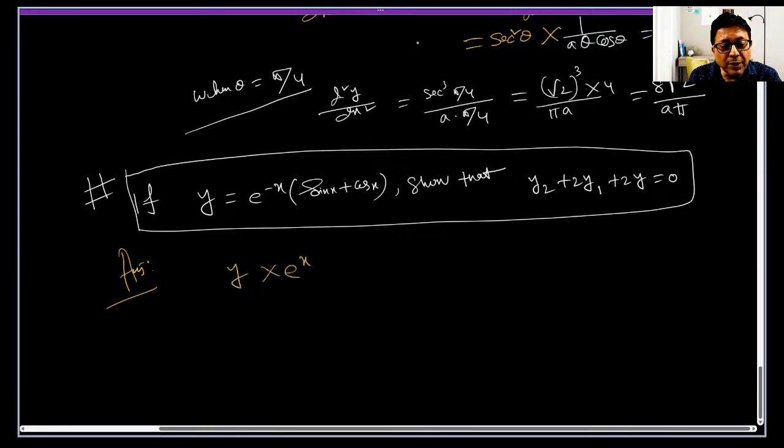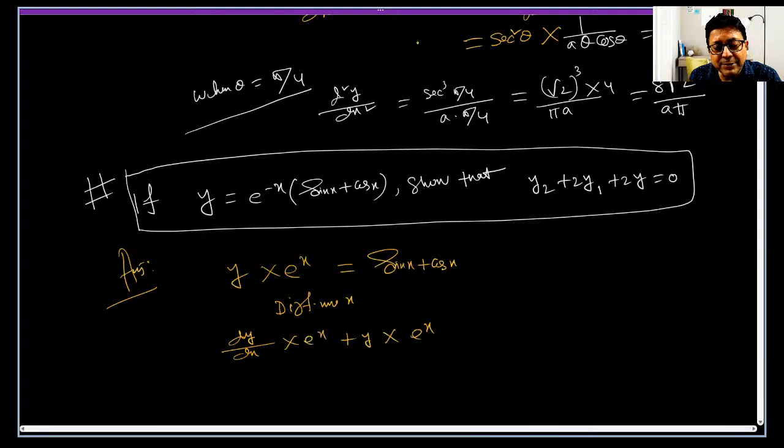It will be y into e to the power x equal to sin x plus cos x. Now differentiating with respect to x, dy by dx into e to the power x, plus y into e to the power x, whose derivative is e to the power x only. Derivative of this thing is what? Cos x minus sin x.